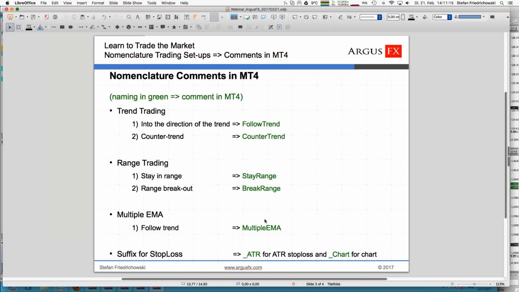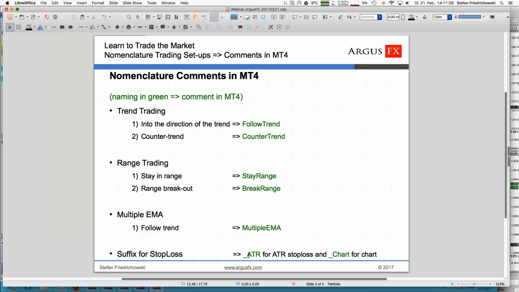So we have now 4 different names for our trading activities, and we use suffixes for the stop loss setting, because that helps us see how we derived the stop loss for our trade, and you know, no trade without stop loss.